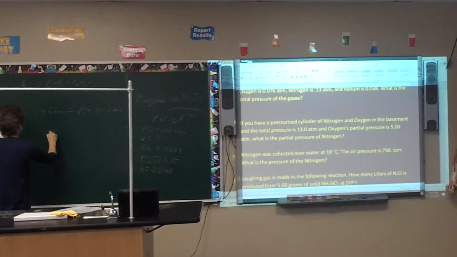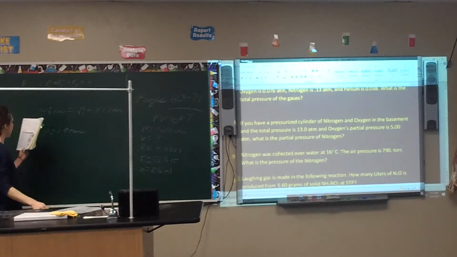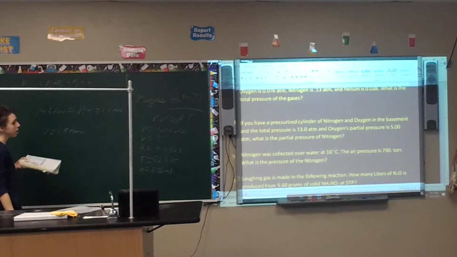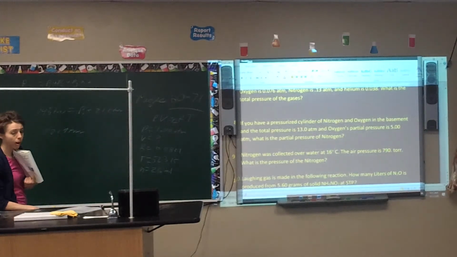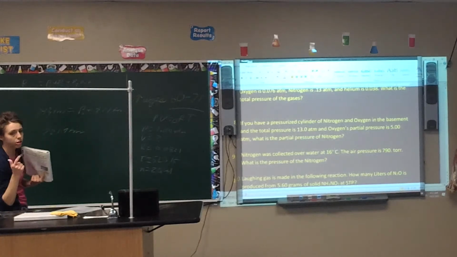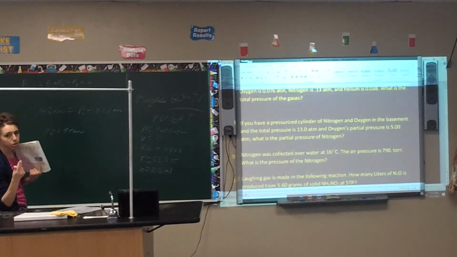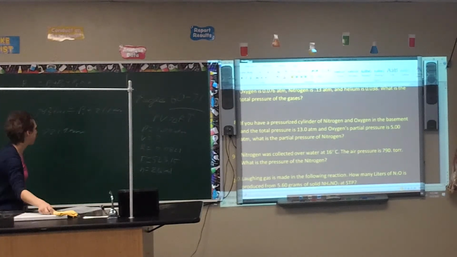That gives me 721.9 torr. But it's not just asking me to finish there. It's asking how many moles of oxygen I have. What's the only equation we have so far in this chapter that has to do with pressure, volume, moles, and temperature? Right, the ideal gas law. So we're going to have to come back to that.